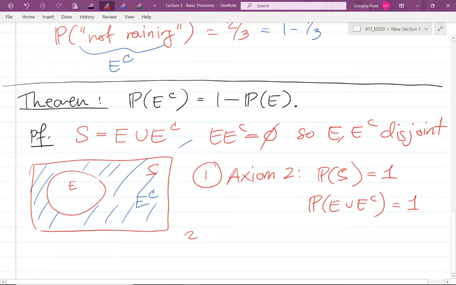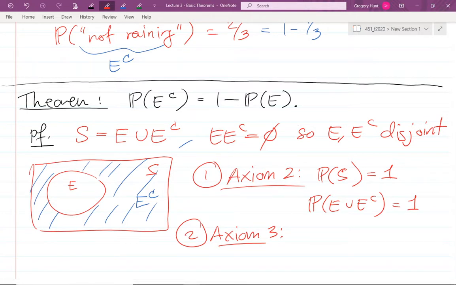And so the second observation is that axiom 3, the axiom of, in this case, finite additivity, but of additivity, says that I can break apart, I can distribute this P over a union, switching the union versus sum.